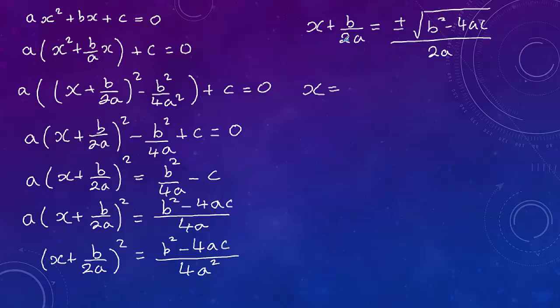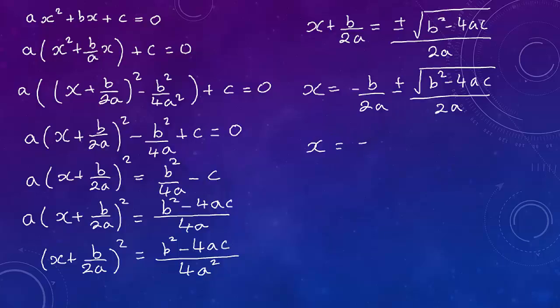Then subtract the b over 2a from both sides, and we get minus b over 2a, plus or minus the square root of b squared minus 4ac all over 2a. And note the denominator is the same here, so we can just add the fractions. And that will give us negative b plus or minus the square root of b squared minus 4ac all over 2a.